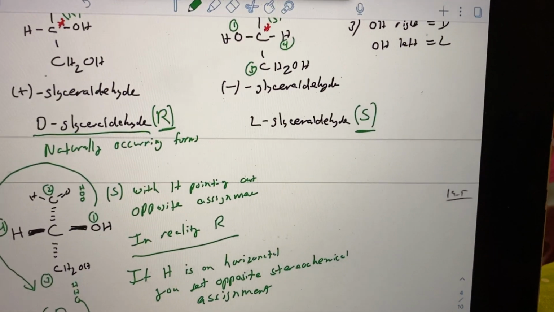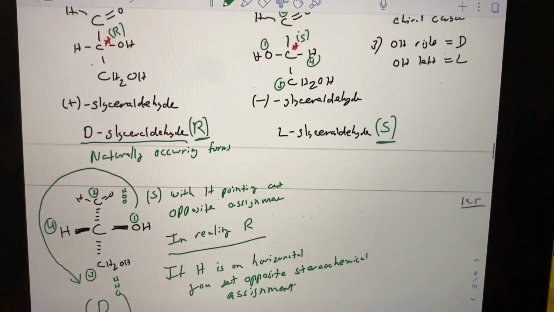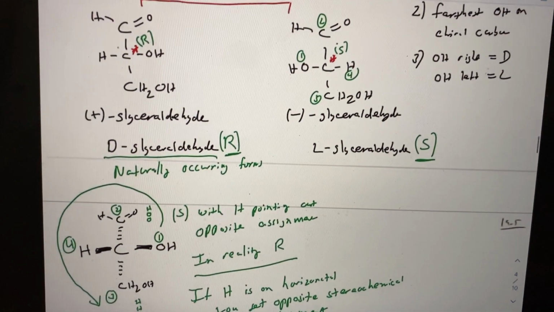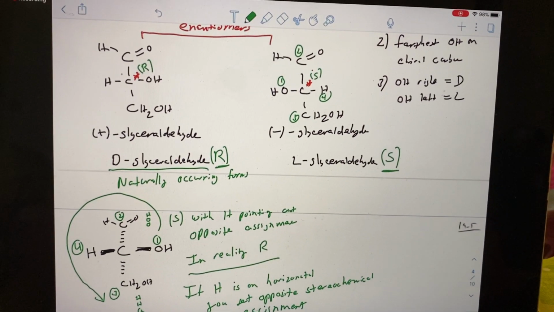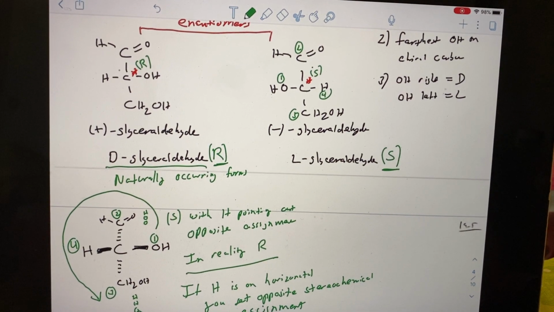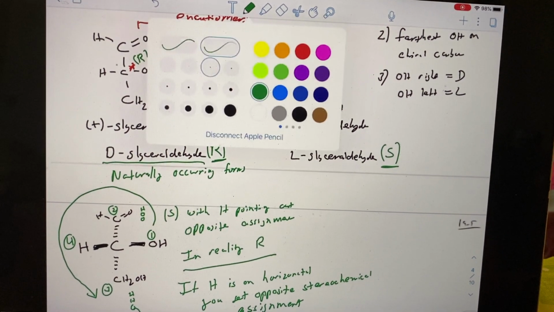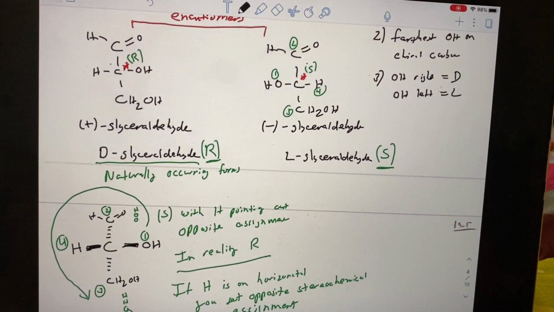Okay, excellent. And then to the question, Paulina, about the positive and negatives. Again, this goes back to, remember in the good old days of Organic 1, I'll just put a little box over here.